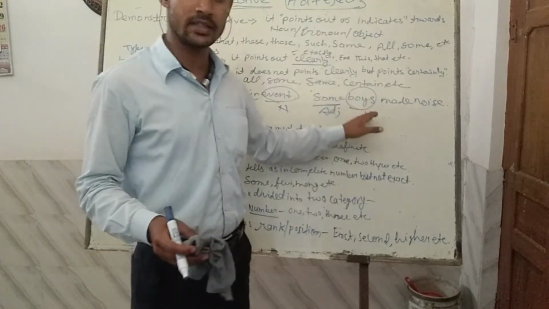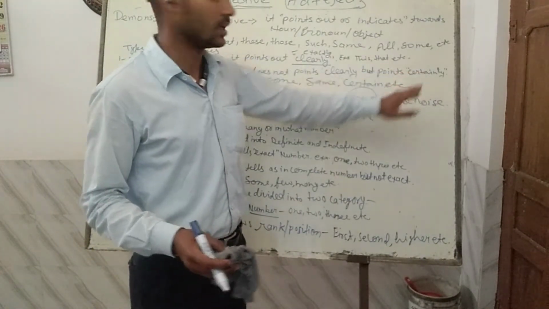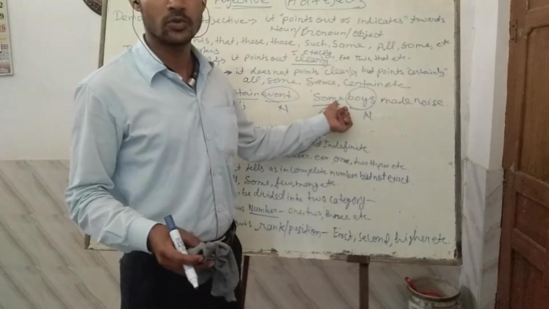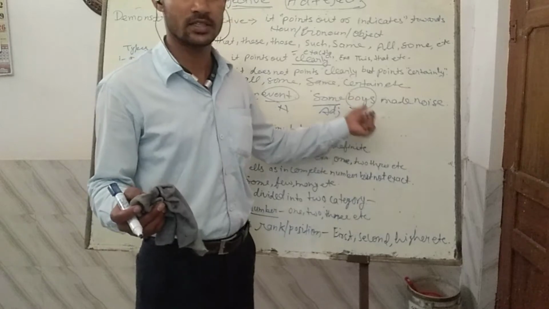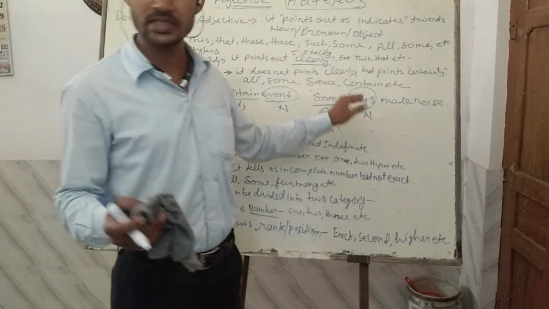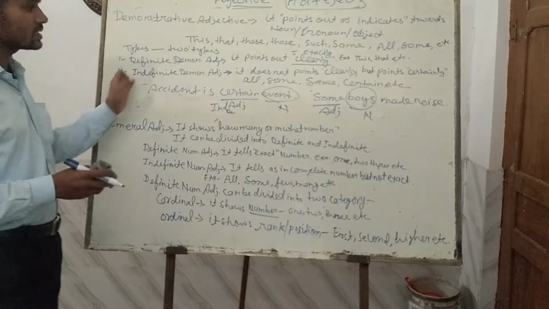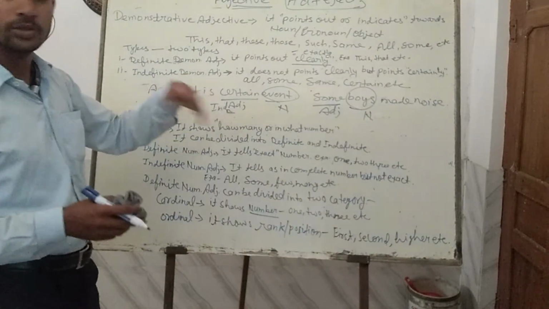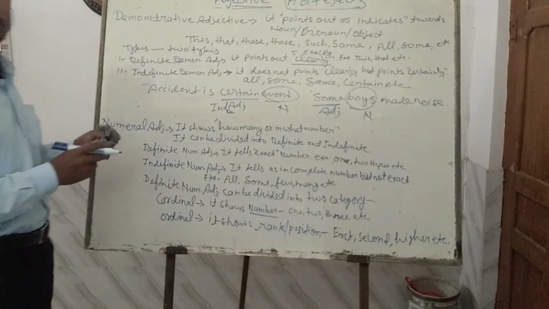Exact number is not there, but certainty is here. Boys were there, some 2, 3, 4, 5, 10, 11, whatever, that is not certain, but some number was there. In this way, indefinite adjective describes or points out towards the noun or its pronoun.